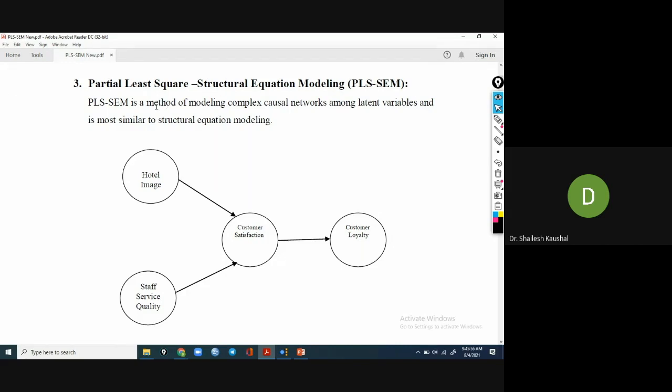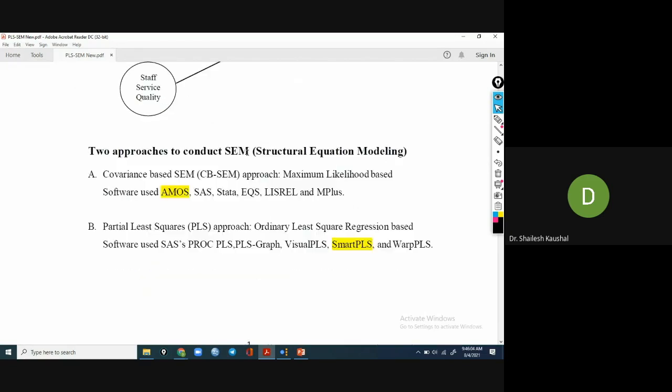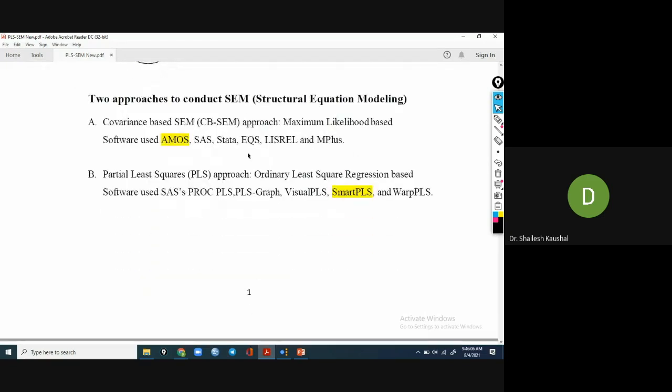PLS-SEM is a method of modeling complex causal networks among latent variables and is most similar to structural equation modeling. There are two approaches to conduct structural equation modeling. Approach one is covariance-based structural equation modeling.